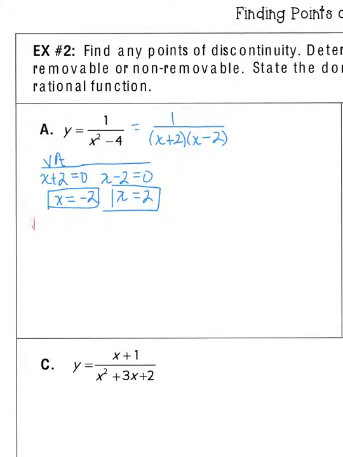So both of these are non-removable discontinuities. They are vertical asymptotes.